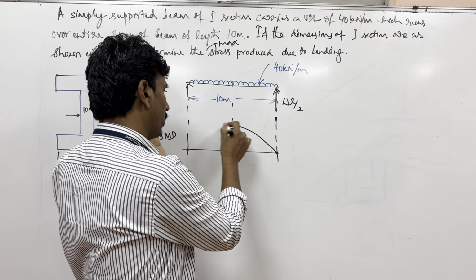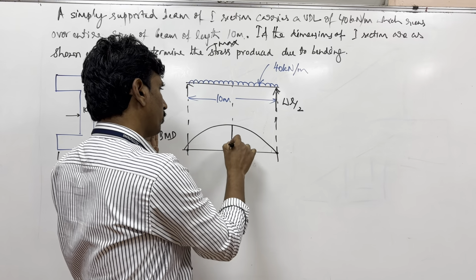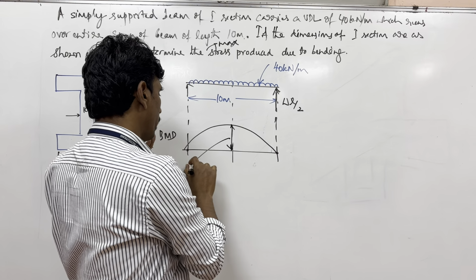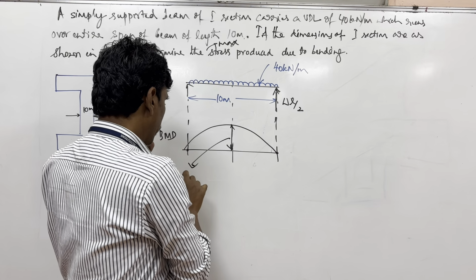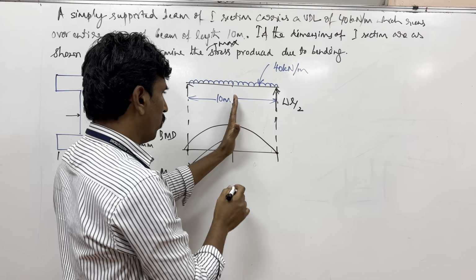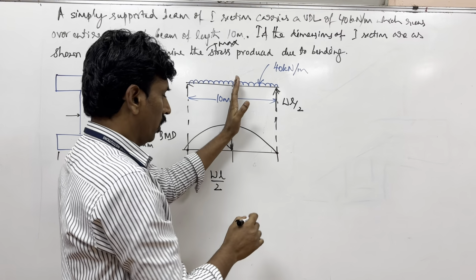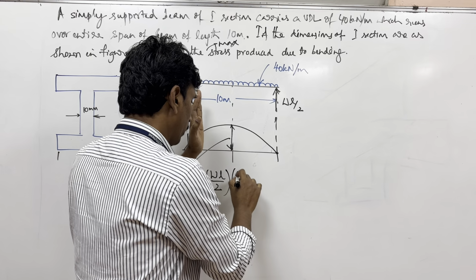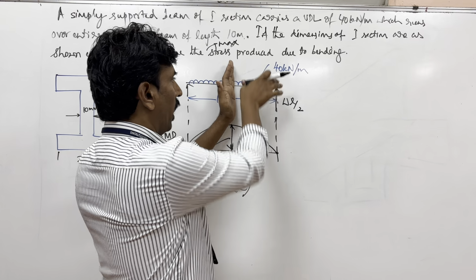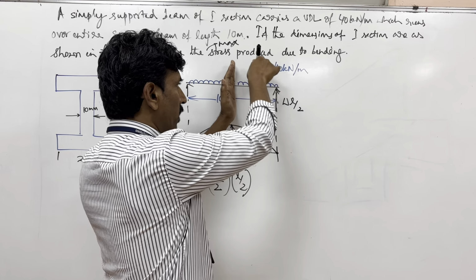For the maximum bending moment, you know that it will be like this. You want this M max. So M max will be equal to WL by 2, which is acting at a distance of L by 2, minus the UDL placed at the center.